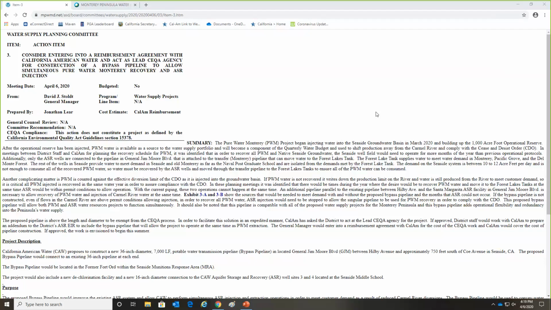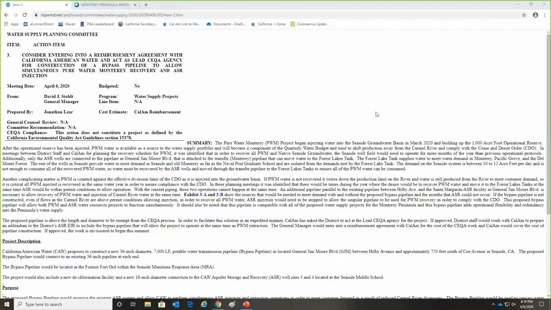Because when you inject water from Pure Water Monterey, it writes down your effective diversion limit. So if you don't recover that water, you're putting yourself in a dangerous situation by having to supply the demand on the peninsula from the valley, while at the same time you're writing down your effective diversion limits.